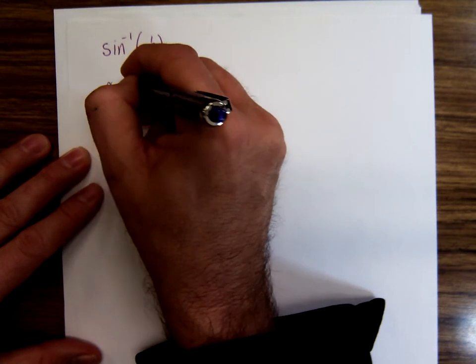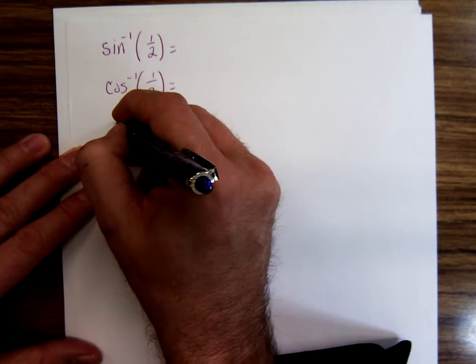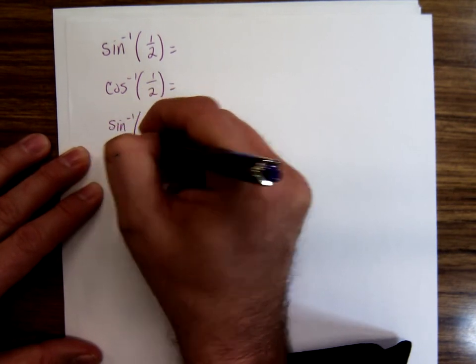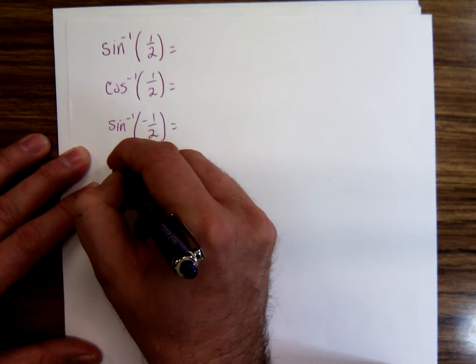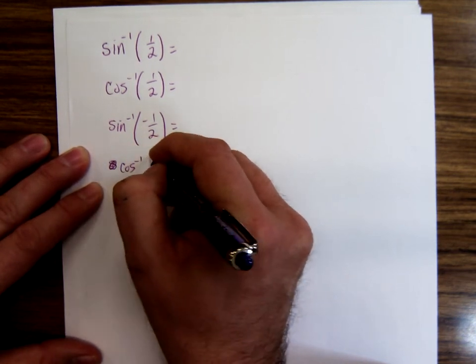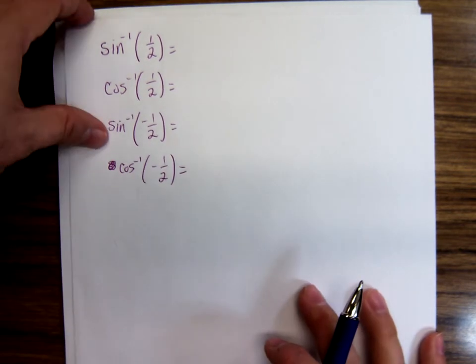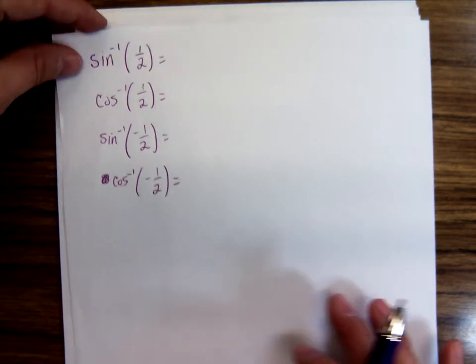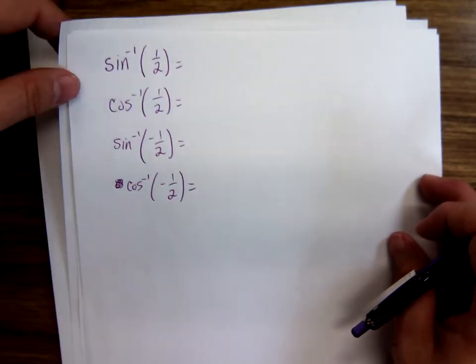Then we'll find inverse cosine 1/2. Then we're going to find inverse sine negative 1/2 and inverse cosine negative 1/2. There's not going to be a whole lot of work to this. So first thing we're doing, inverse sine 1/2.